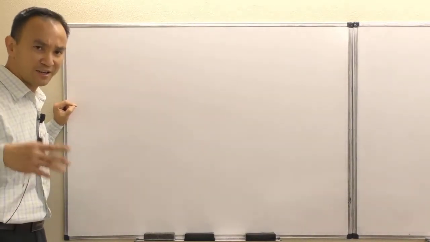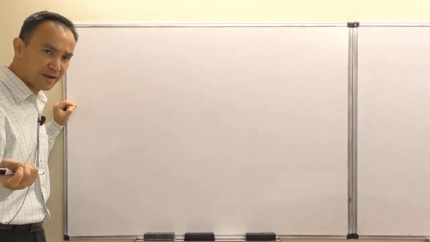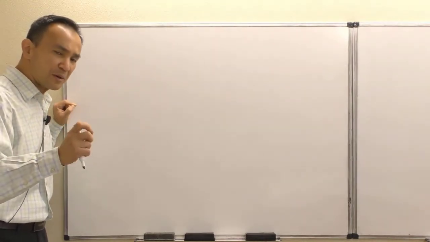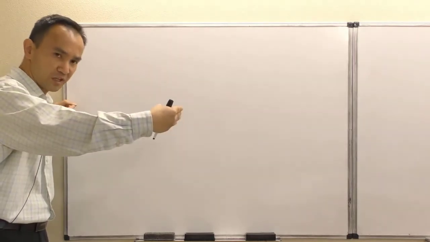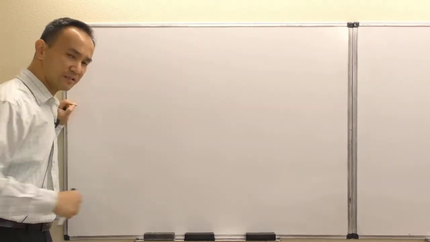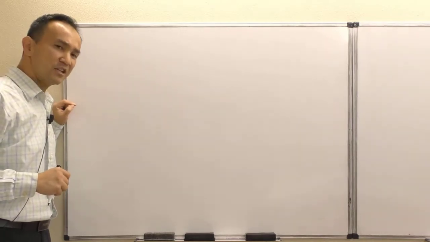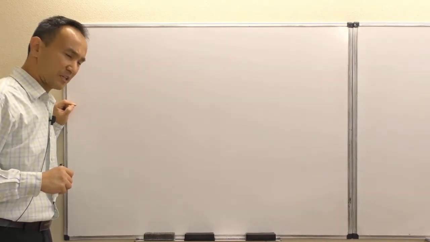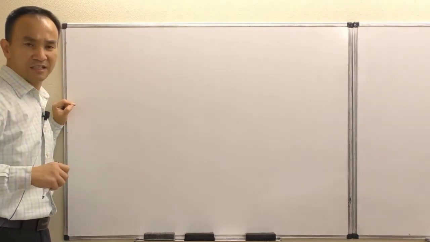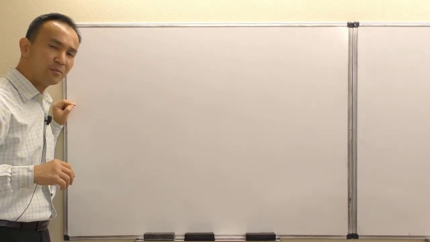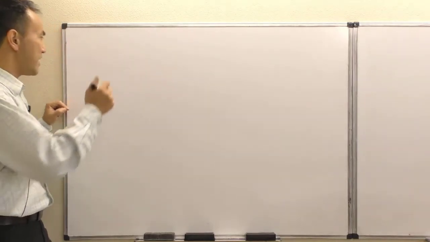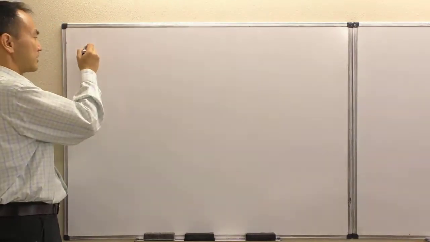Later on, as you become more mature in your mathematical experience, as we move toward the closer end of the academic term, you're going to start seeing other functions where you need to consider the domain even more cautiously. But for now, let's come up with a couple of generalities right here.